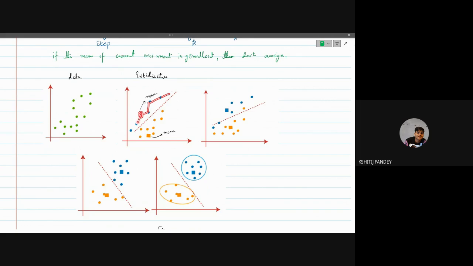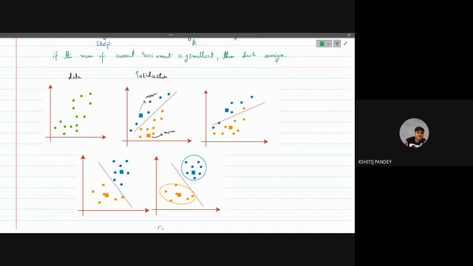As new points are added to the cluster, the mean will change, depending upon their distance from the k means we have taken. Then we recompute the mean of the cluster and repeat the step. Is that clear?